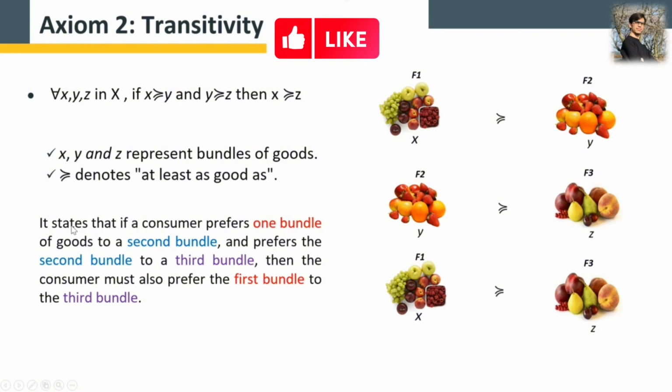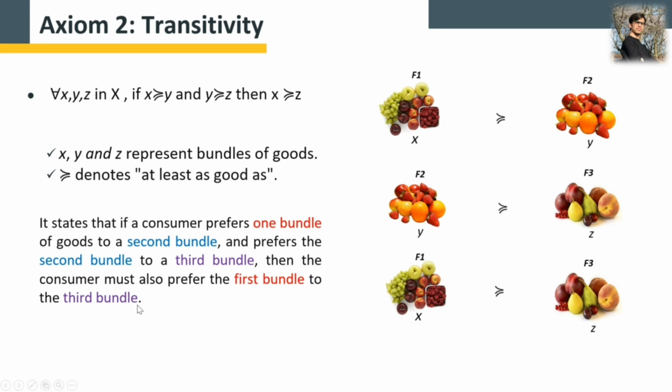Basically, this axiom states that if a consumer prefers one bundle of goods to a second bundle and prefers the second bundle to a third bundle, then the consumer must also prefer the first bundle to the third bundle.